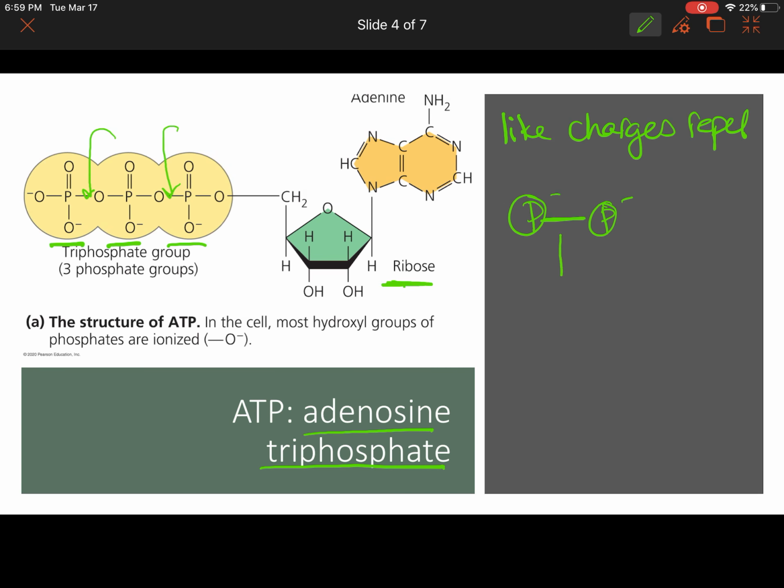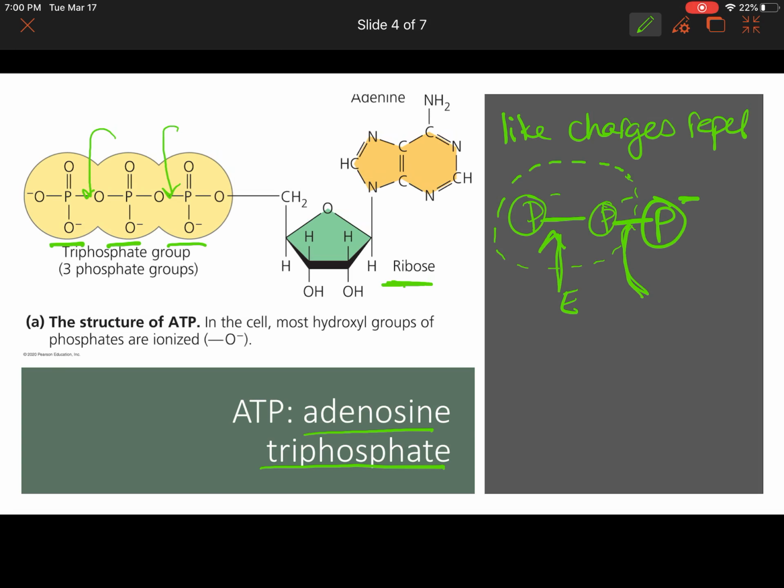Well, some of the energy that was required to link those two phosphate groups together is now stored in that chemical bond. But when you get ready to put a third negatively charged phosphate group on, it's going to take even more energy because the negative atmosphere is more than it was when we hooked the first two phosphates together.